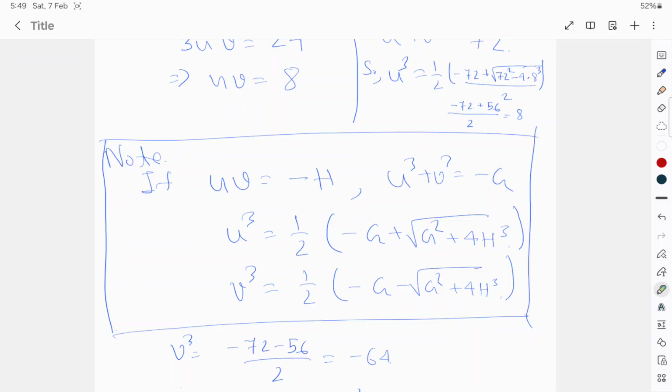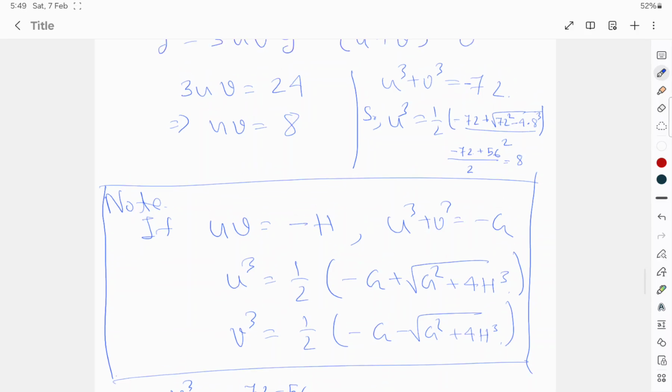So if you think how we are getting this type of expression, it is very difficult to remember, so I want to do it another way. For this one, this is very easy. Basically you see u is equal to 8 over v, so you can say v is equal to 8 minus u, right?